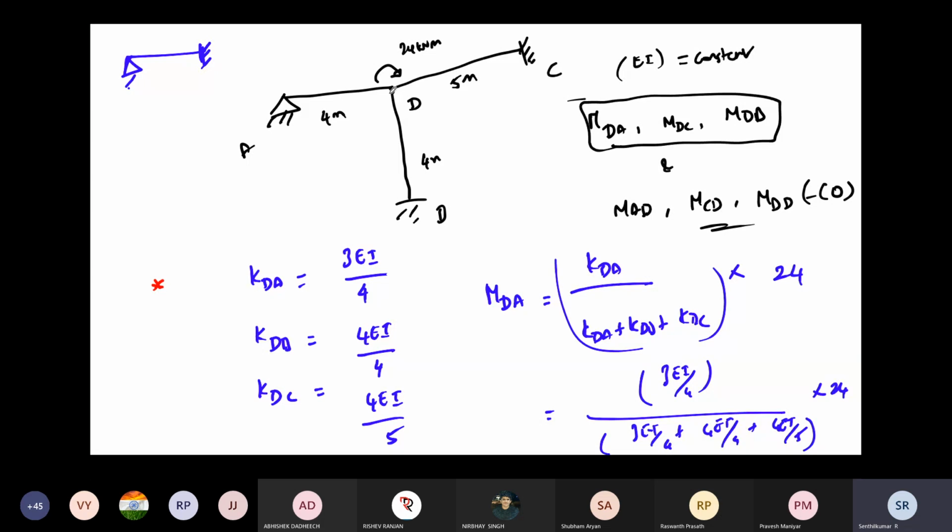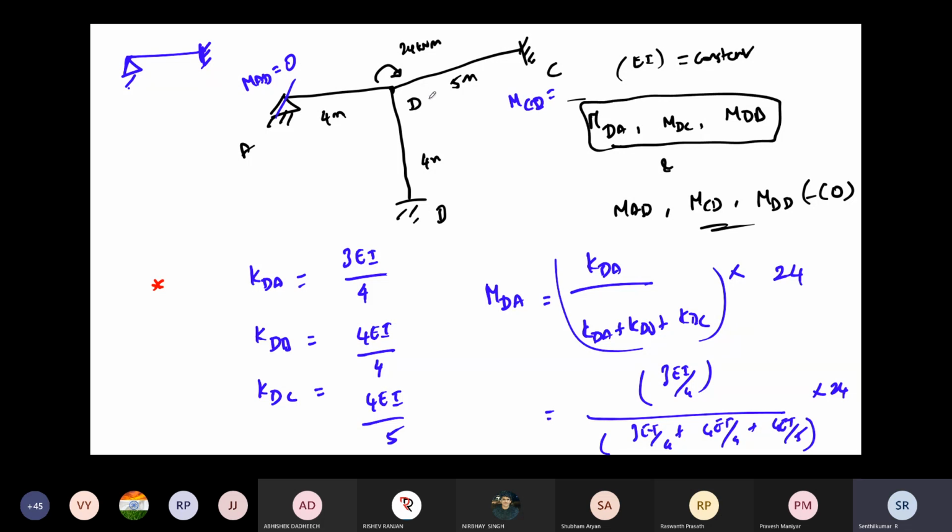Okay, now, so based on the factor, now you know that MDA. What will be your MAD? If you know the MDA, what will be your MAD? What is MAD? 0. 0 because it's pinned one. Then what about your MDC? Sorry, MCD.